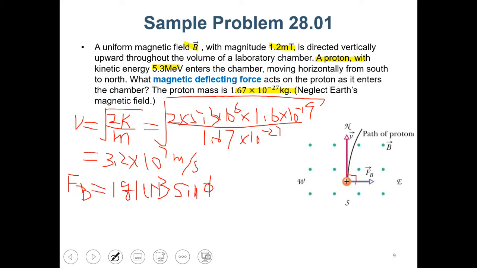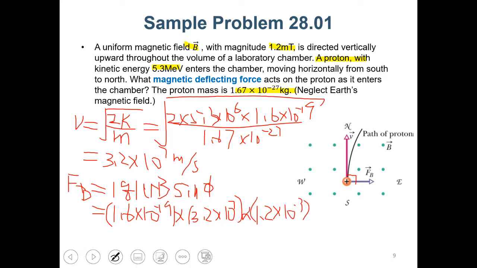So q is 1.6 times 10 to the minus 19, and v is 3.2 times 10 to the 7, and B is 1.2 millitesla, and sine 90 degrees is 1. So the answer would be 6.1 times 10 to the minus 15 newtons.